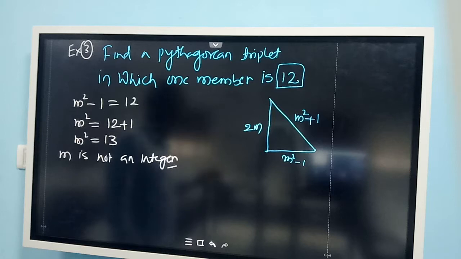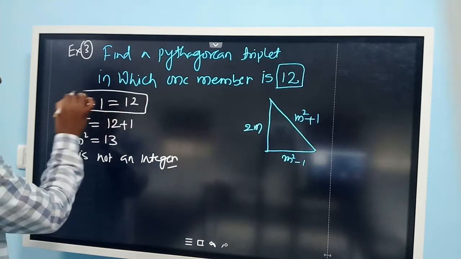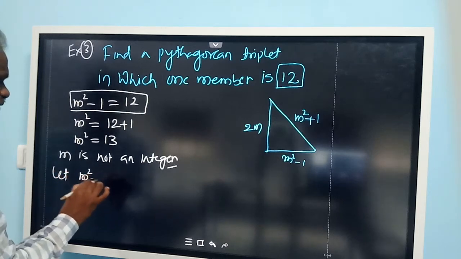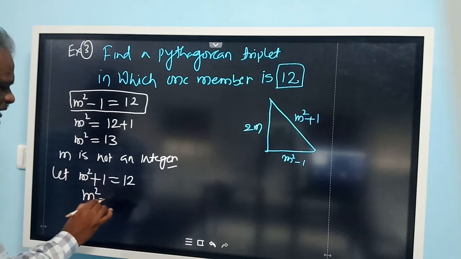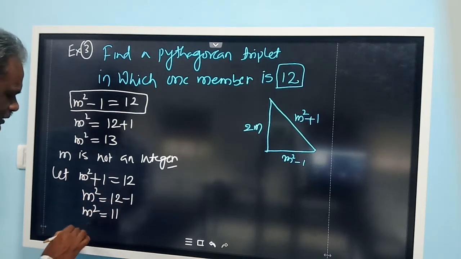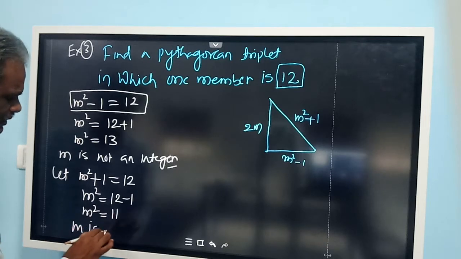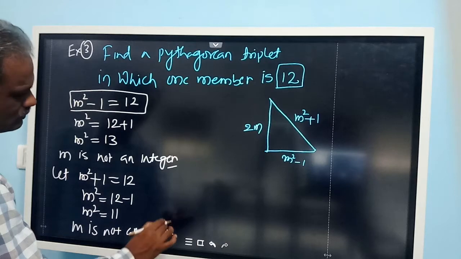So we will take another number. This is the first one we took. If m square plus 1 is equal to 12, what you will get: m square is equal to 12 minus 1. m square is equal to 11. So here also m is not an integer. So we will neglect this also.